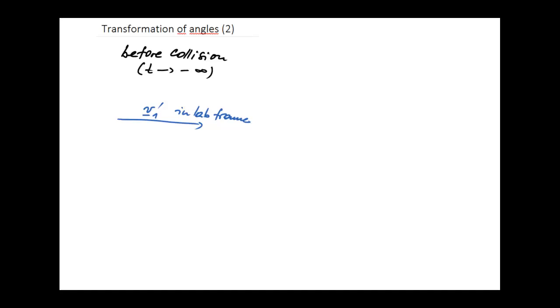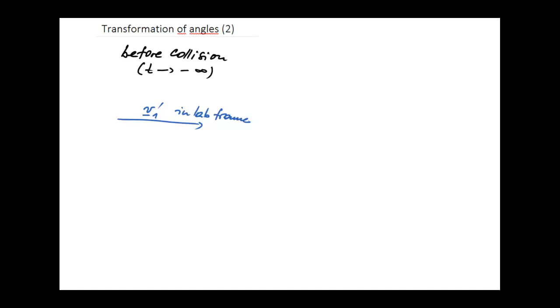Let's look at the situation long before the collision and long after the collision is over. So before the collision, at time minus infinity, in the lab frame, the projectile moves with velocity vector v1 primed. And the target is at rest at time minus infinity.